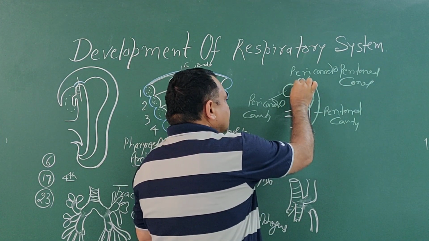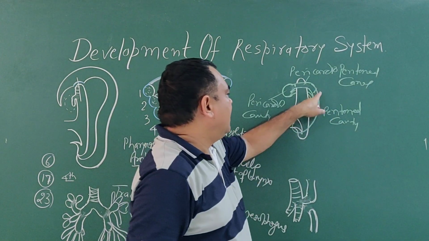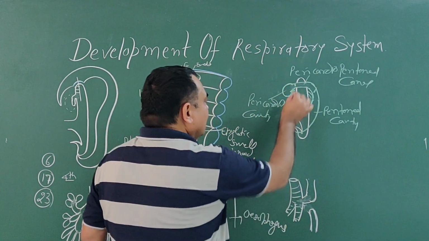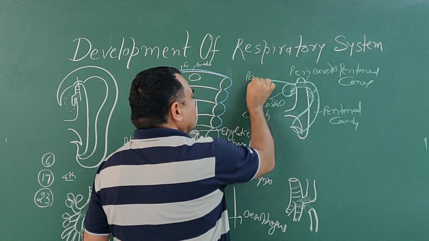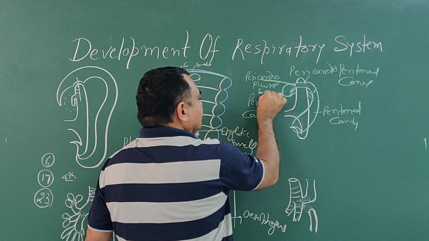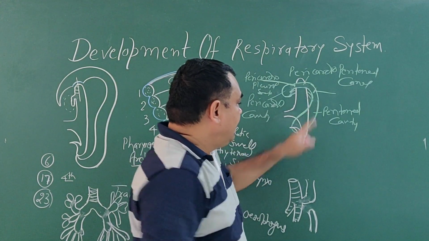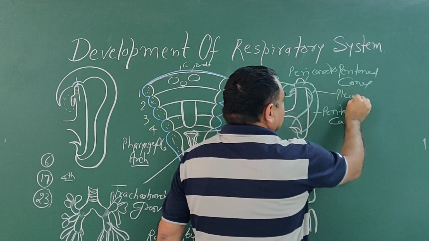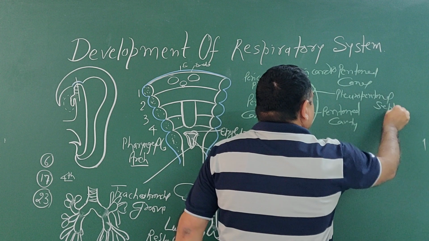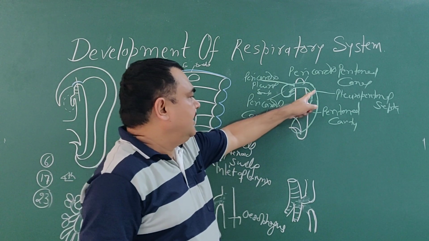And here septa are formed between these two. This is the membranous septum, the pericardio-pleural septum. And here is the pleuroperitoneal septum, or membrane. The pleuroperitoneal membrane is formed here.